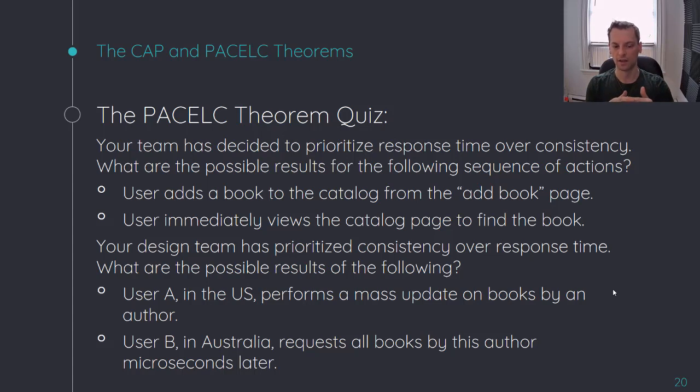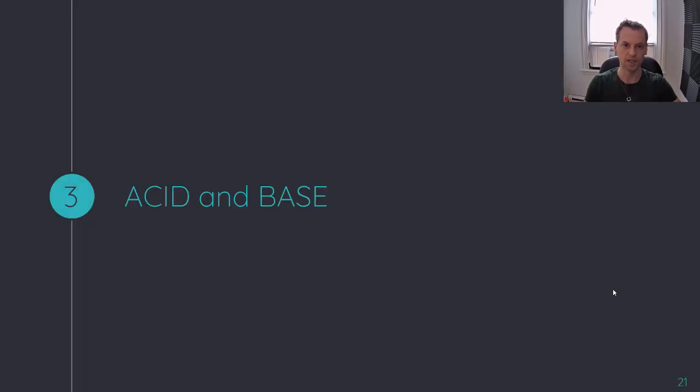Well, in this case, there is the possibility that user B in Australia is going to get a 404, is going to time out and not be able to view these books because they are being updated by user A and all of the nodes are syncing up. On the other hand, if they sync up quickly enough, perhaps user B will see all of the updated books immediately. It could go either way, but that is the risk when you have prioritized consistency.